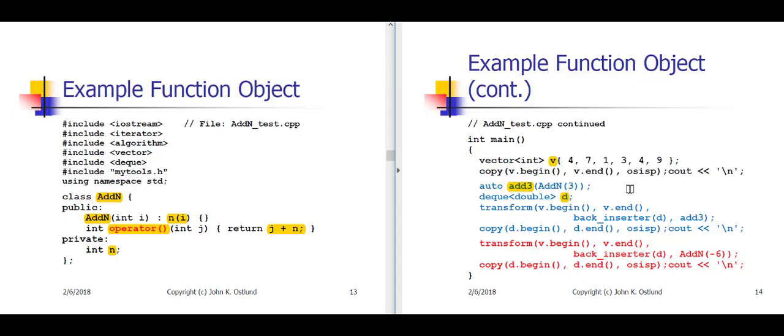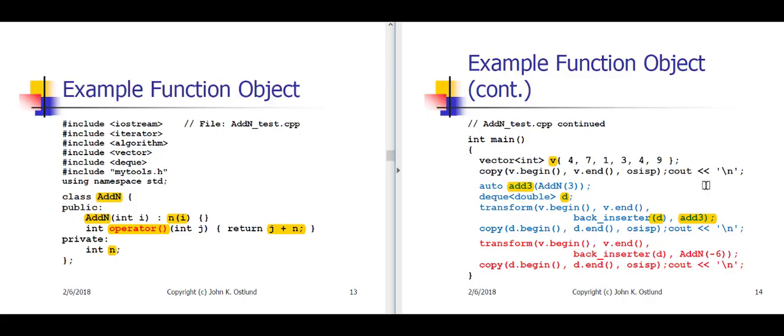D here is an empty deck of double, and in this blue transform algorithm, we're reading as input the values in the vector v from begin up to but not including end. We're inserting the result into the deck D at the back, and the operation we're performing on each value coming from v is add3.